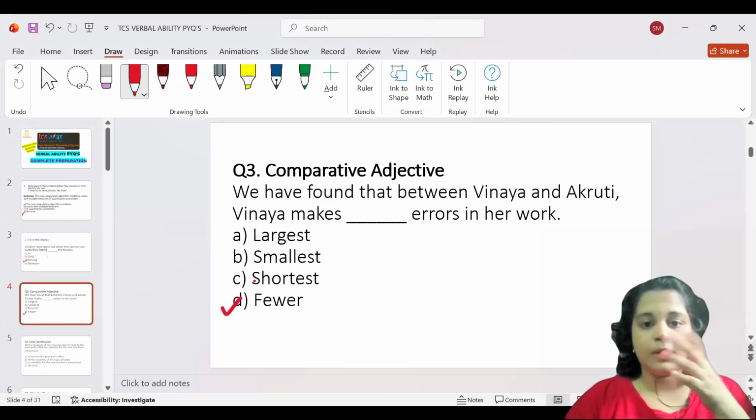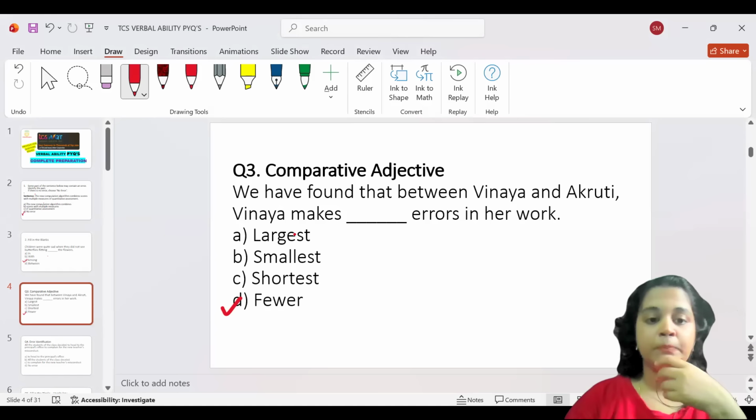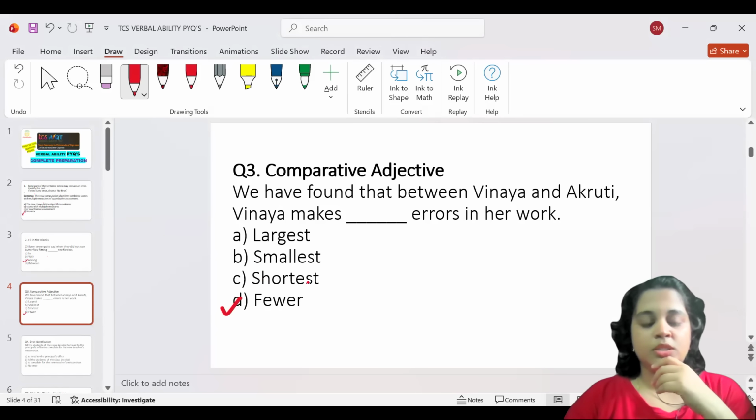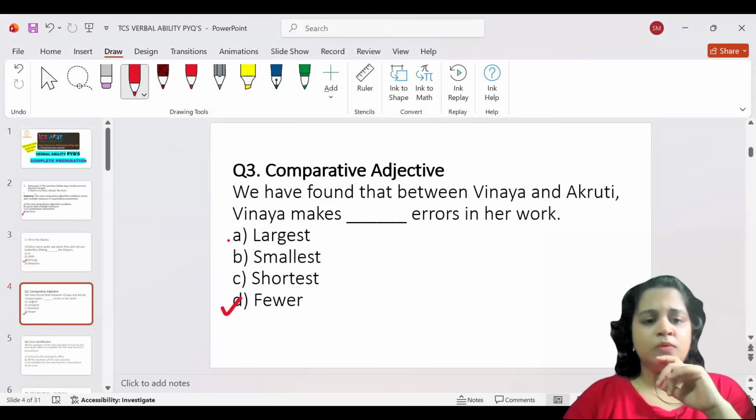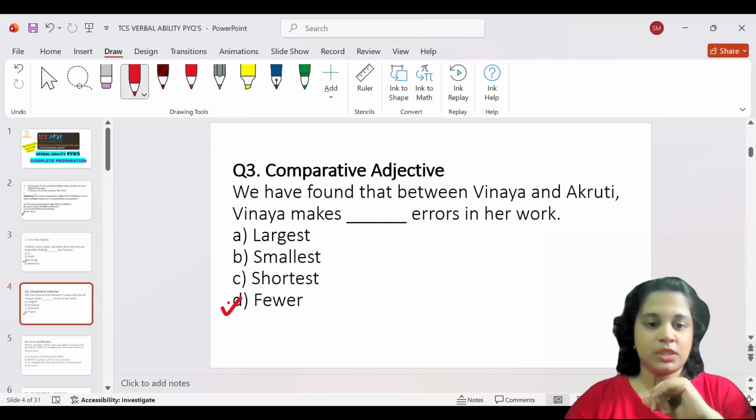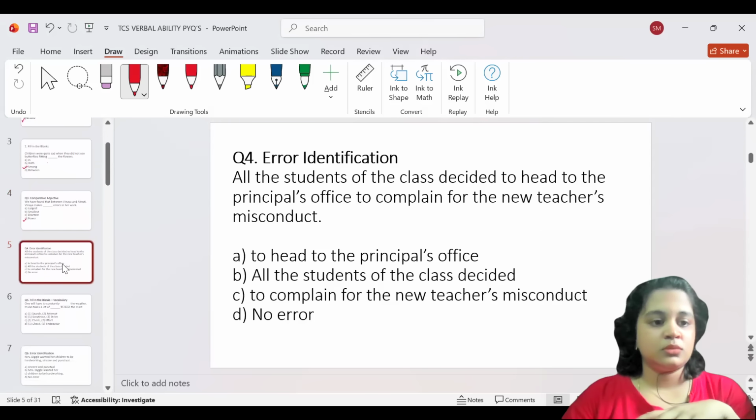Because you can't be making a lot of errors in your work. So it's not largest, obviously. And between smallest and shortest, short refers to distance. Right. So out of options A, B, and C, option D would be the most correct answer when it comes to question 3.